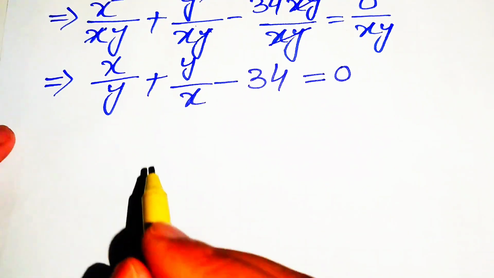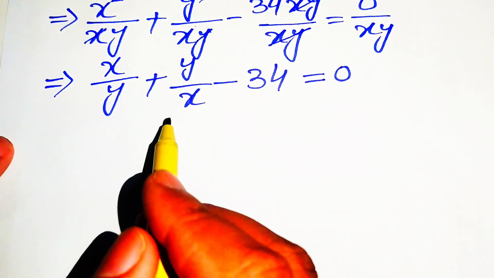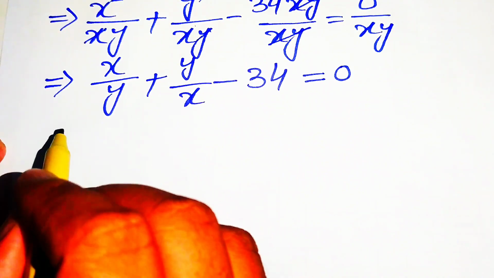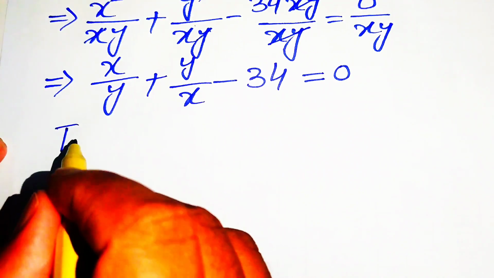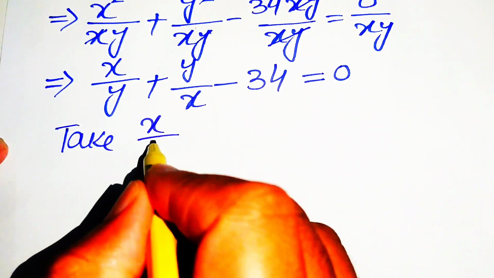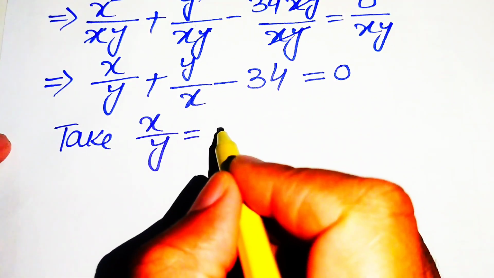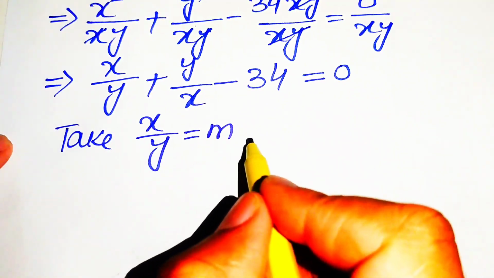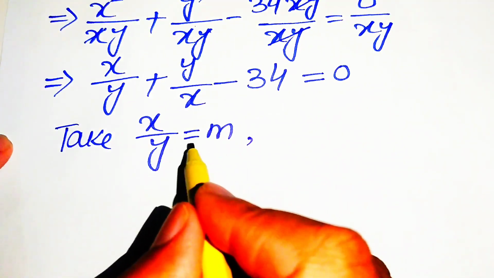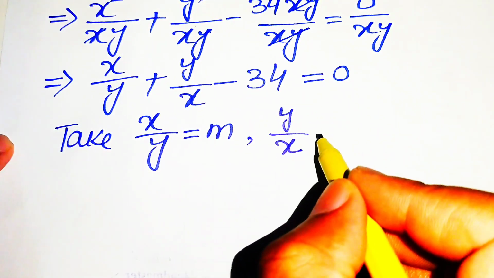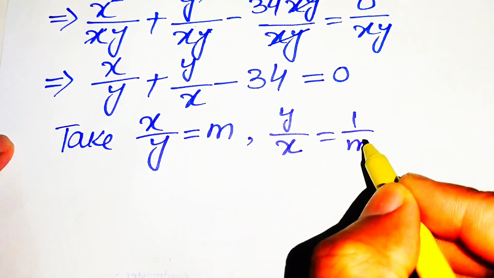Now you see here we have x over y plus y over x, so we take x over y equals some m. When we take x over y equals m, and take the reciprocal on both sides, it becomes y over x equals 1 over m.